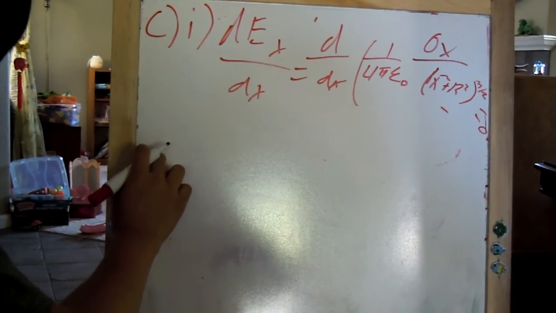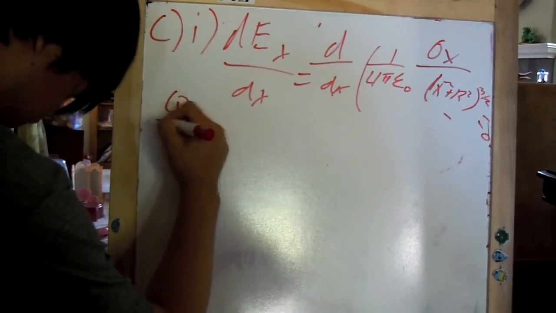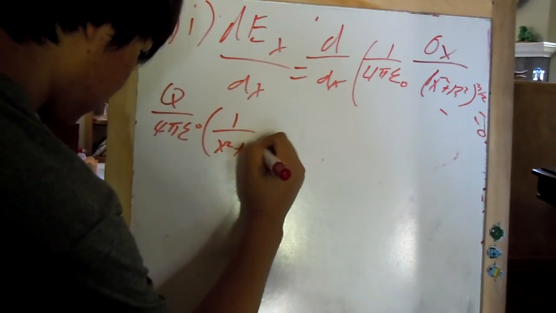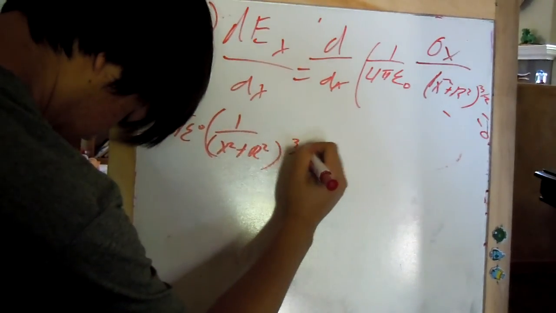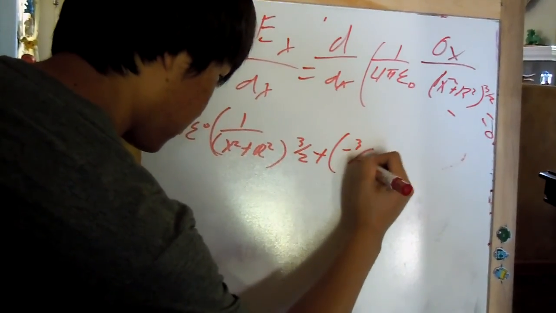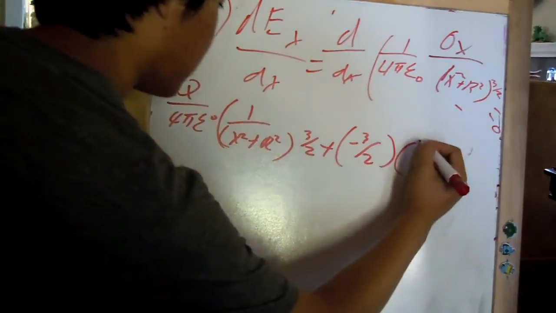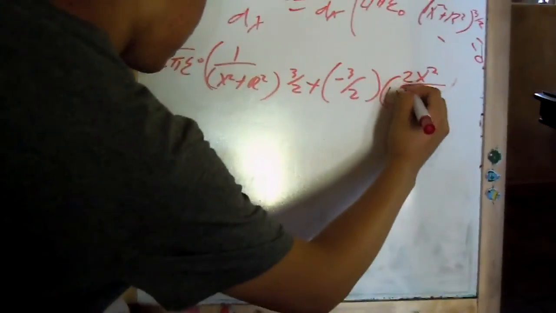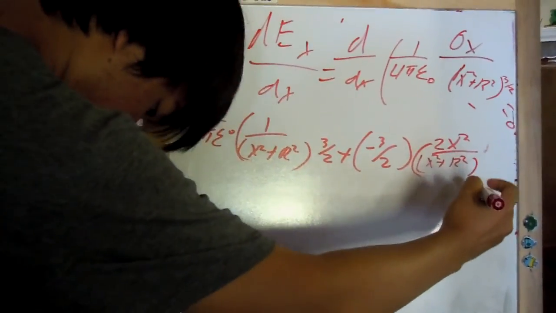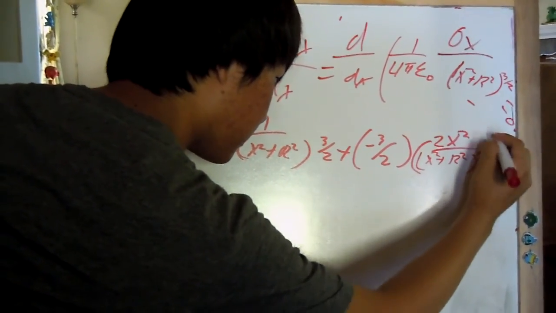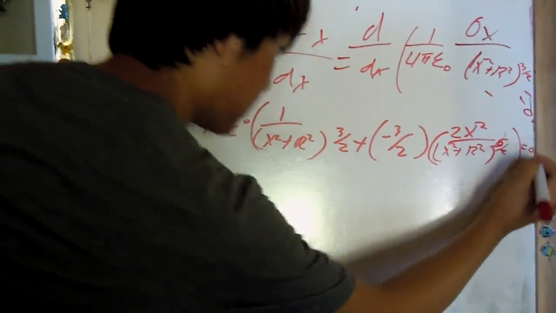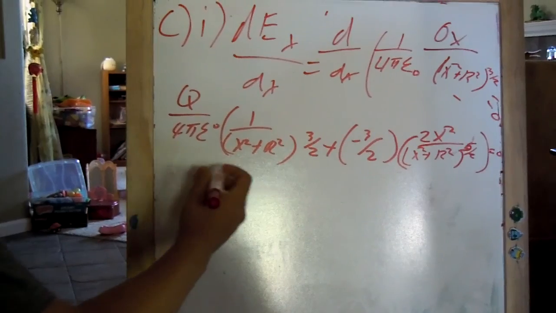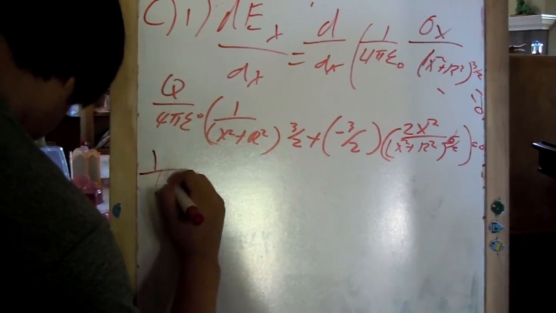And then you would differentiate this again to get q over 4 pi epsilon naught, equals 0. And then from here, simplifying, you would get it down to 1 over x squared plus r squared to the 3 halves.